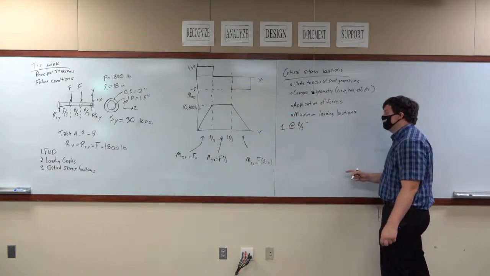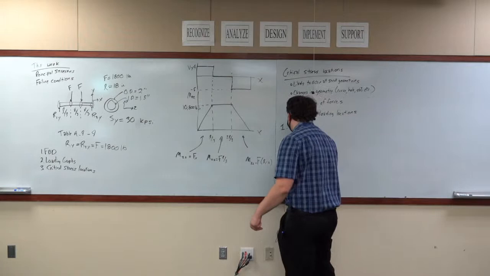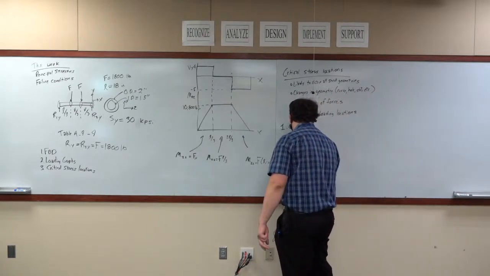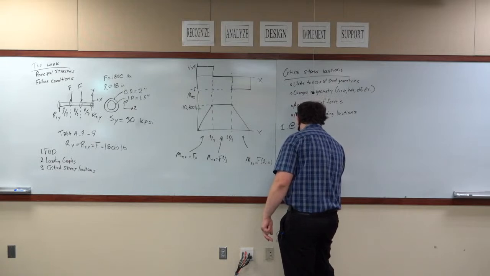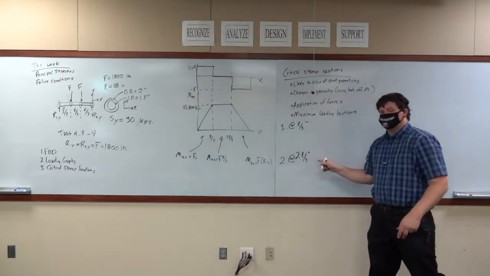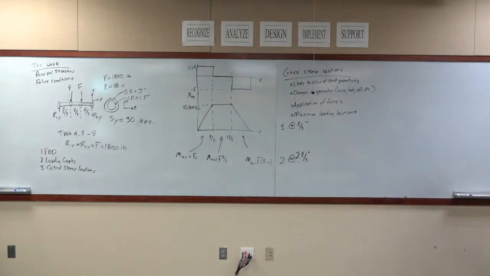Okay? And then I'm going to write number 2. I'm going to give some space here because I'm going to fill this out with other stuff. At 2 L over 3 plus signifies it's just a hair to the right. Those are the 2 critical locations that we're going to have to analyze.